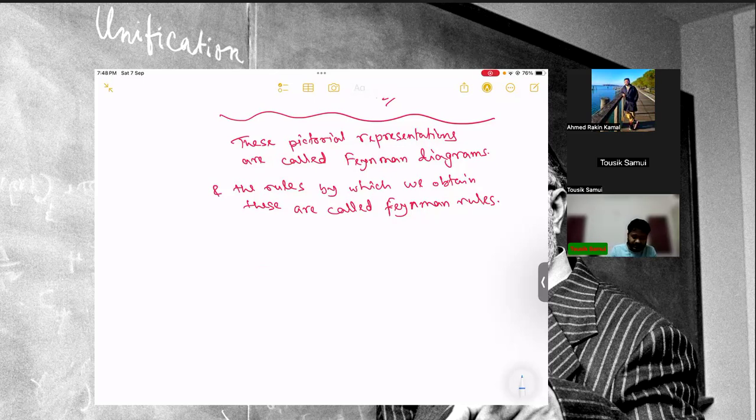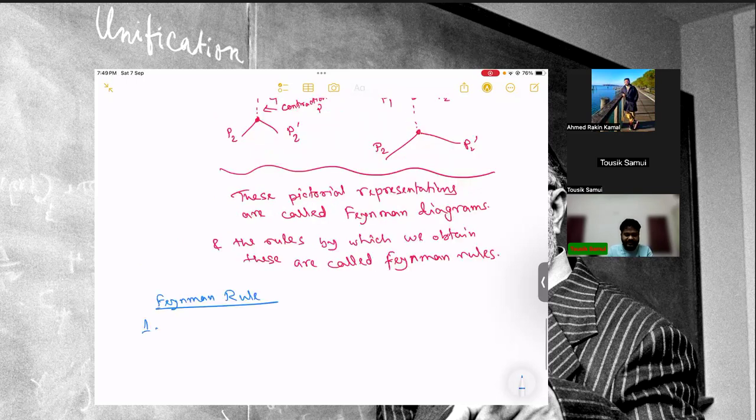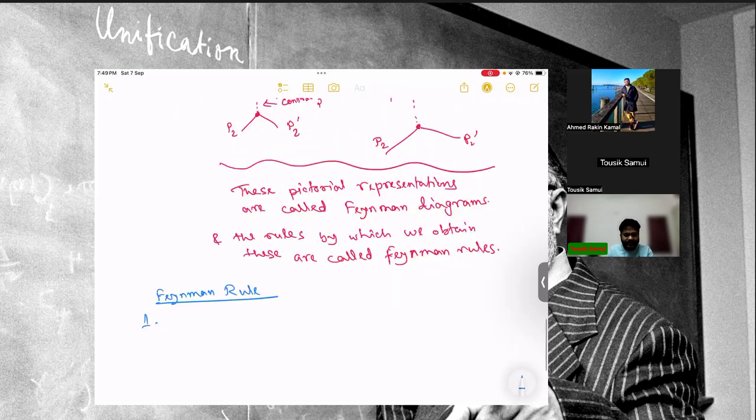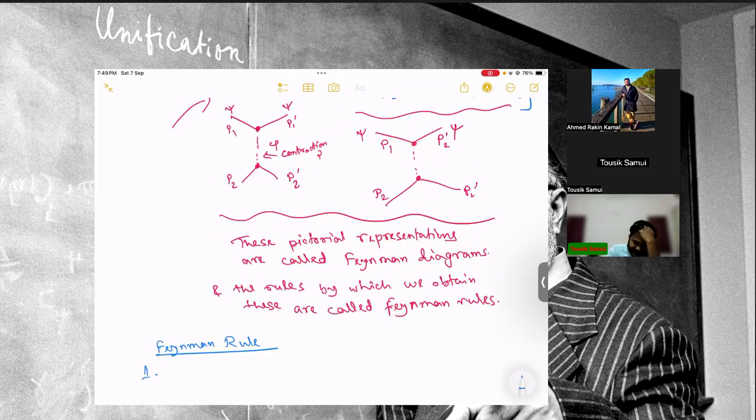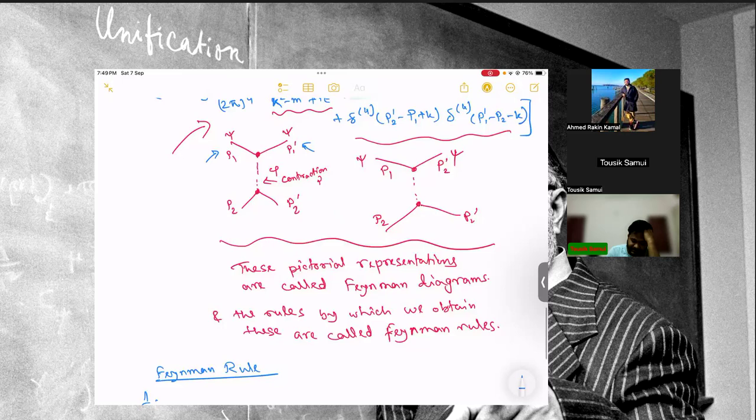So rule 1. Feynman rules and Feynman diagrams are basically building blocks from which we can represent the whole calculation via a diagram. If we see this carefully, we have external lines, which represent the initial and final states.